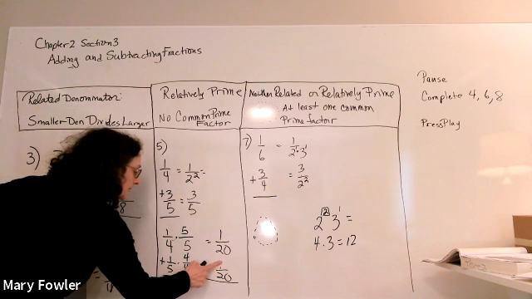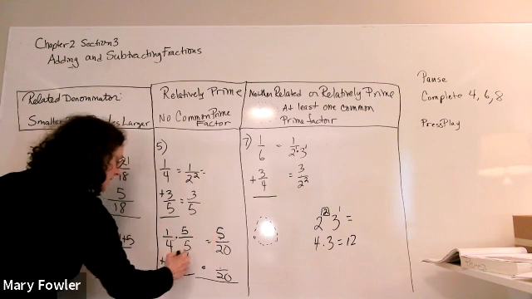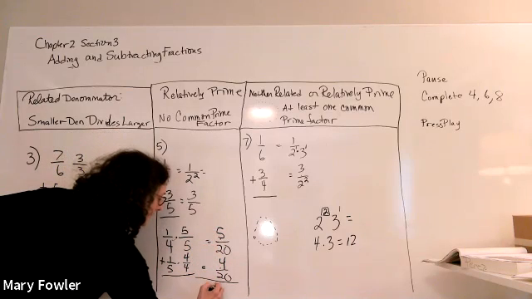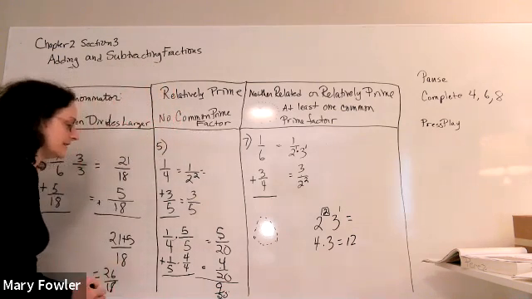Excuse me for putting ones here. In fact, that should be 5 over 20 plus 1 times 4 is 4 over 20, and I add them up, and I get 9 over 20. Sorry if it's hard to see there.